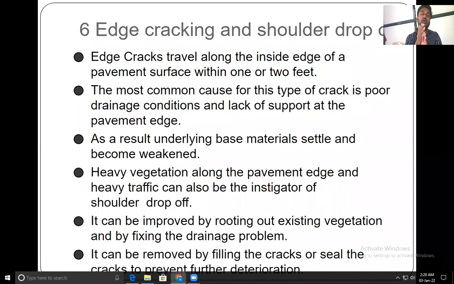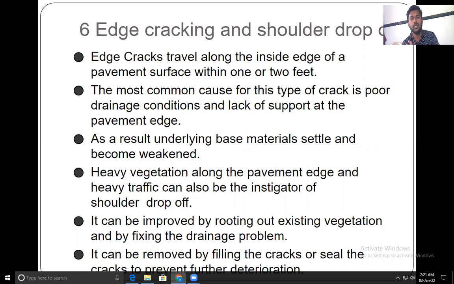If proper support is not there to transfer the load and the wheel is traveling along that edge, cracks may be produced there, because the load coming from the wheel on that edge may not be transferred properly since the support is not proper. So due to that also, cracks will be produced at the edges.